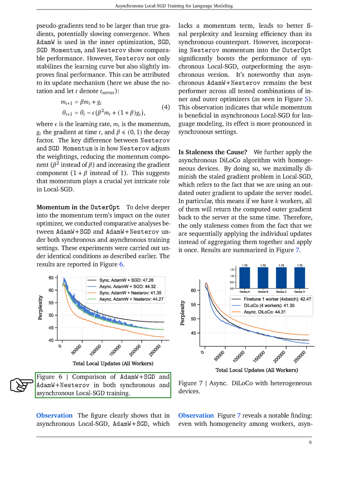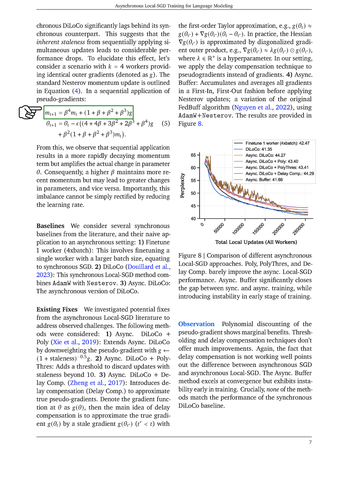We considered the following methods. 1. An extension of asynchronous DiLoCo that reduces the weight of the pseudo-gradient based on how stale it is. 2. A version of asynchronous DiLoCo that discards updates if they are too stale. 3. A version of asynchronous DiLoCo that uses delay compensation to approximate true pseudo-gradients. This involves using a stale gradient and a first-order Taylor approximation to estimate the true gradient.